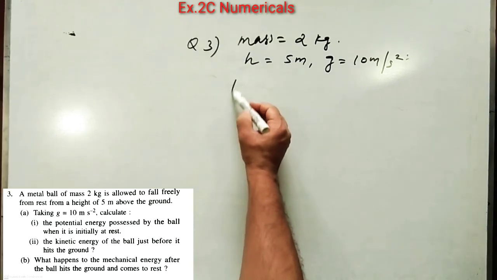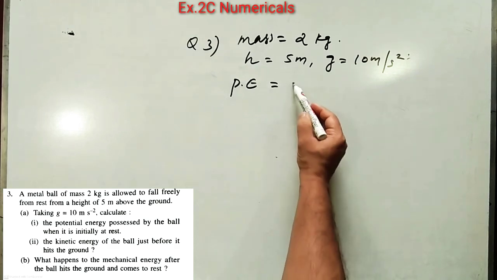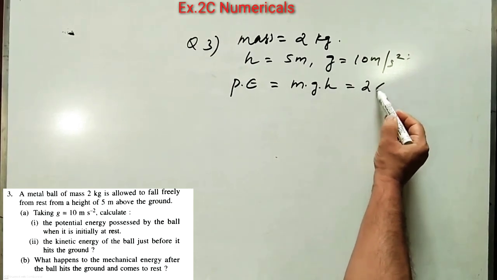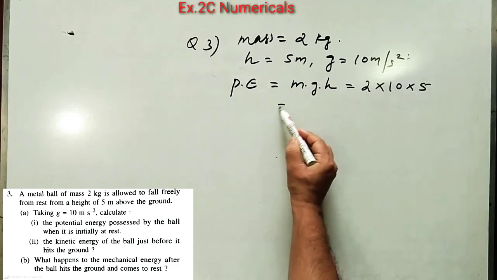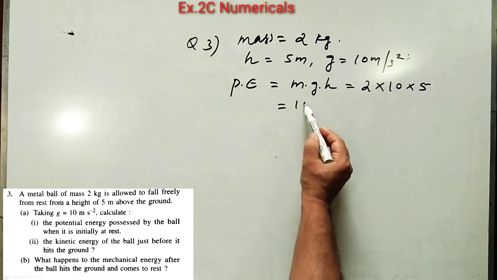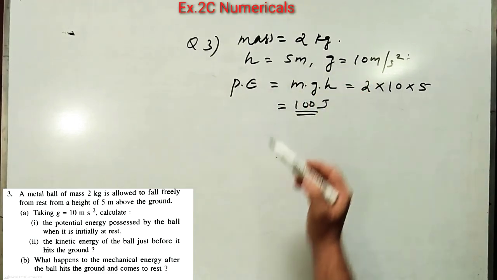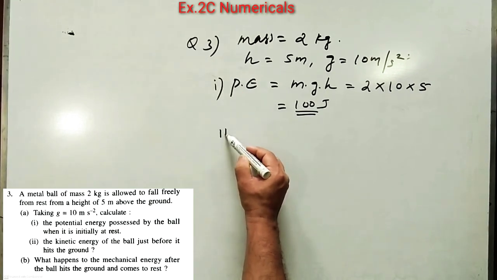So the potential energy possessed by the ball at its highest point is equal to mgh. You know the formula. Mass is 2, into g 10, multiplied by 5. So you are getting 100 joule. This is the potential energy possessed by the ball at the highest point. This is the first part of the question. We have answered it.